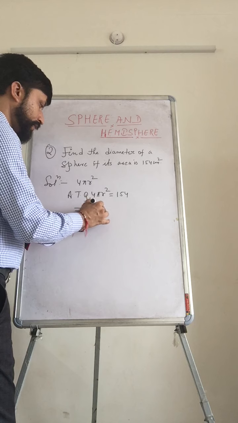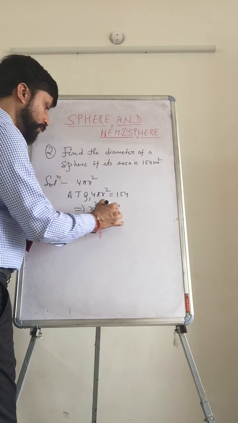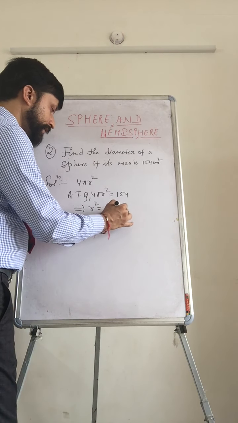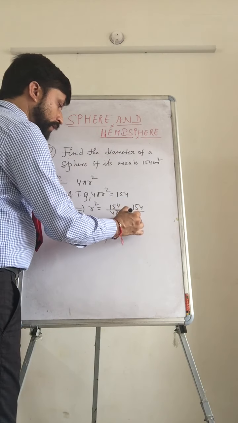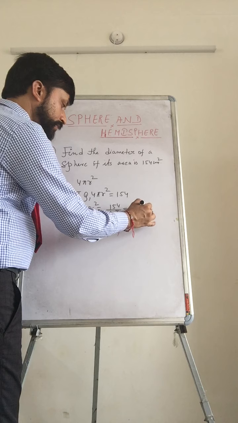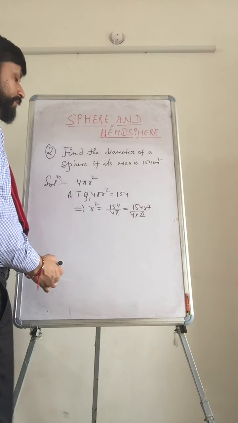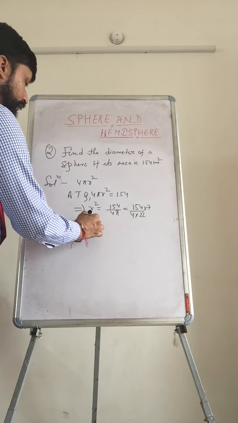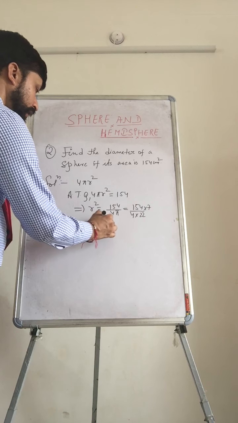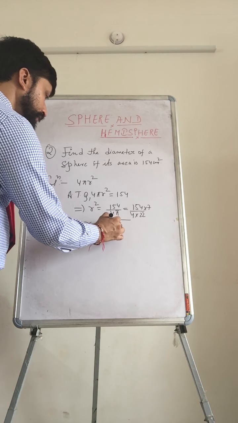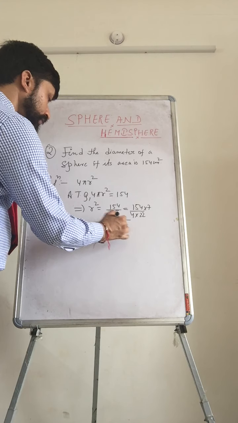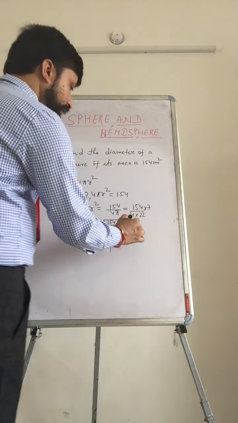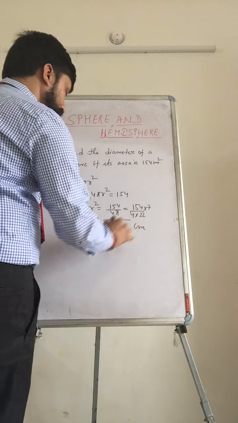Then r square equals 154 by 4 pi. Value of pi is 22 by 7, so this 7 will go up. Next, r equals under root of 154 into 7 by 88. You multiply and it will be centimeter.